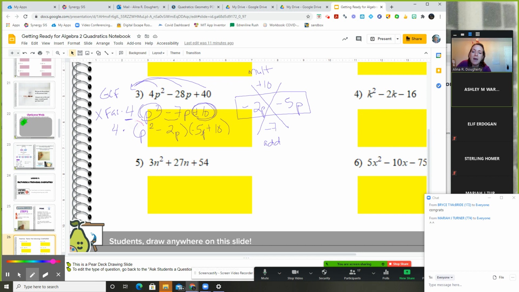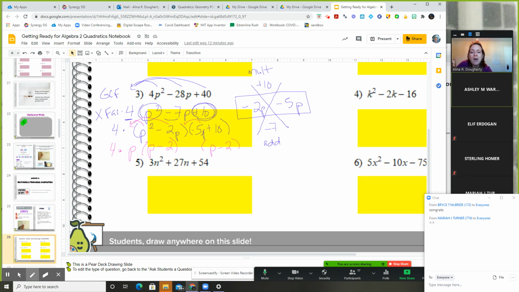So what can I take out of p squared and 2p? P, 100%. So make sure you have that 4 multiply, right? That'll get you if you don't put that multiplication in there sometimes. And then p, and when I divide everything by p, I get p minus 2. So I'm looking for my second set of parentheses to be p minus 2.